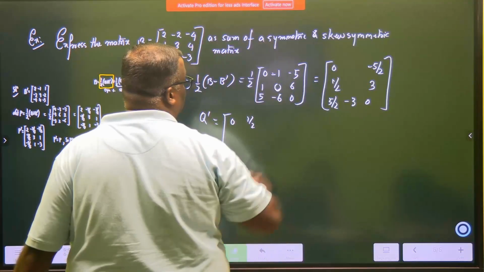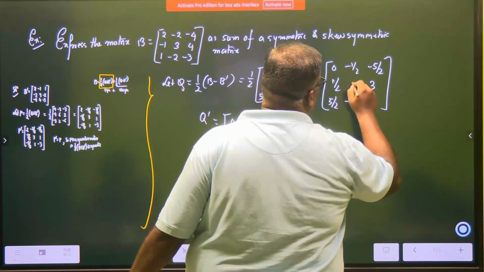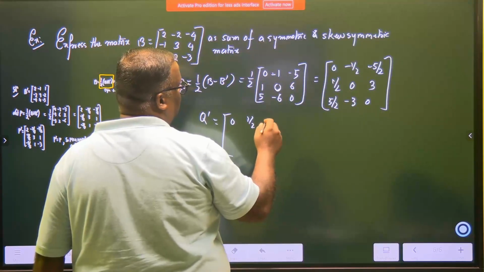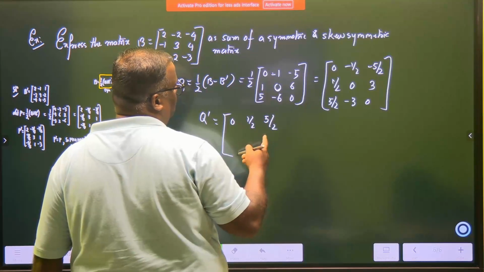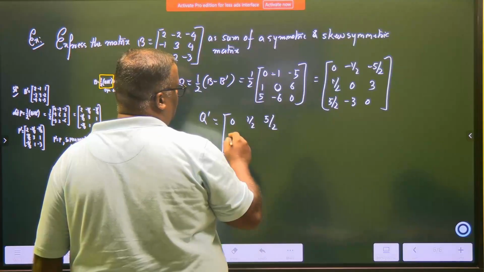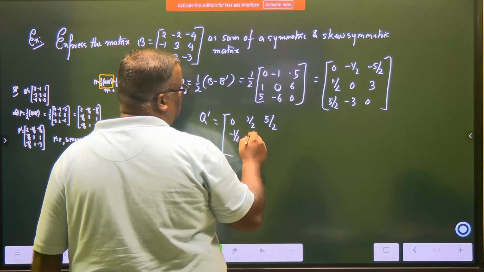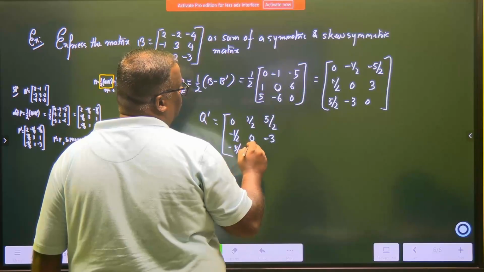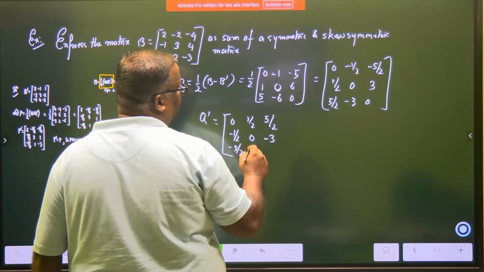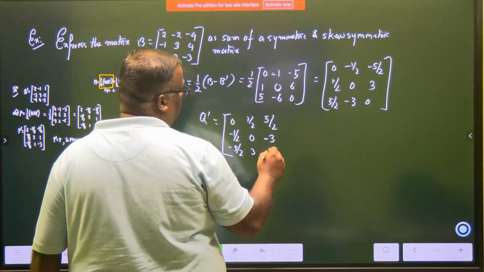So this would be minus 1 by 2, 0. So 1 by 2, and here I will get a 5 by 2, then transpose it, then I'll get a negative half, 0, and a negative 3. I have a negative 5 by 2, then I have 3, and I have 0.